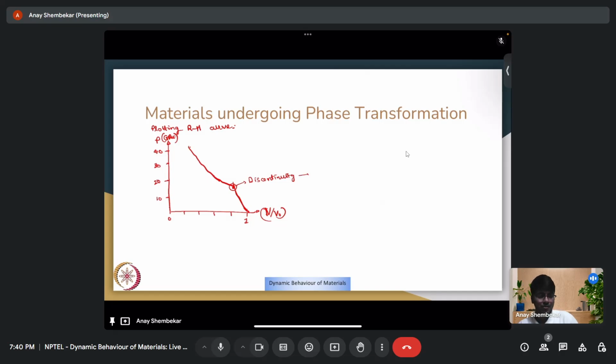Here, this discontinuity exists because there is a forward transformation from alpha to epsilon at P equal to 12.8 GPa. Right, so the peak pressure will increase to 40 GPa, and then once it starts unloading, there is another discontinuity that is seen.